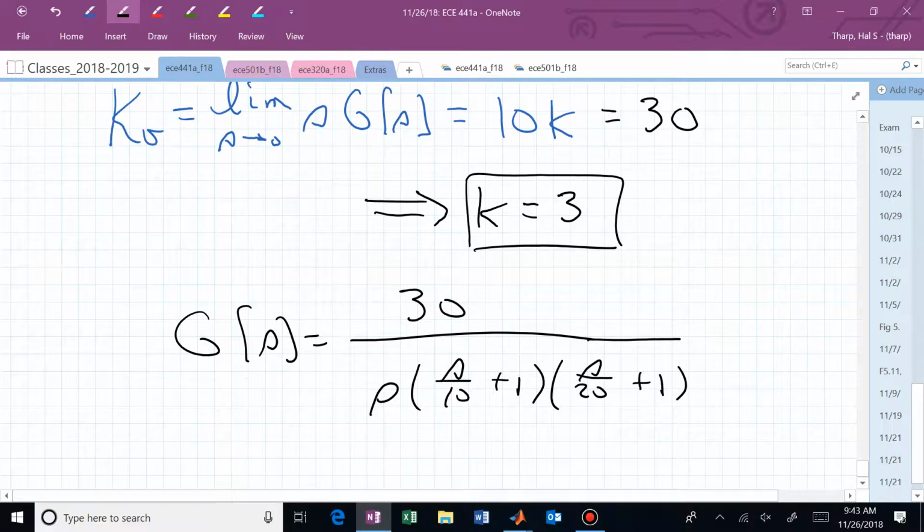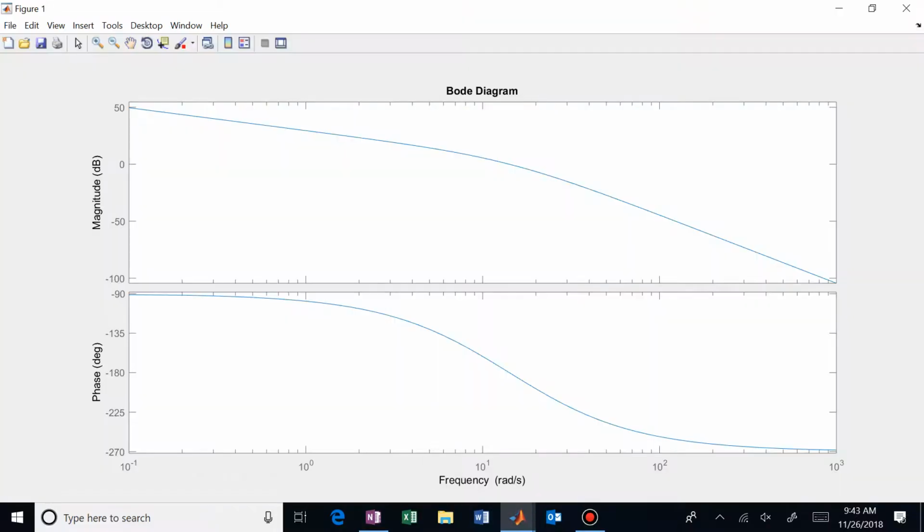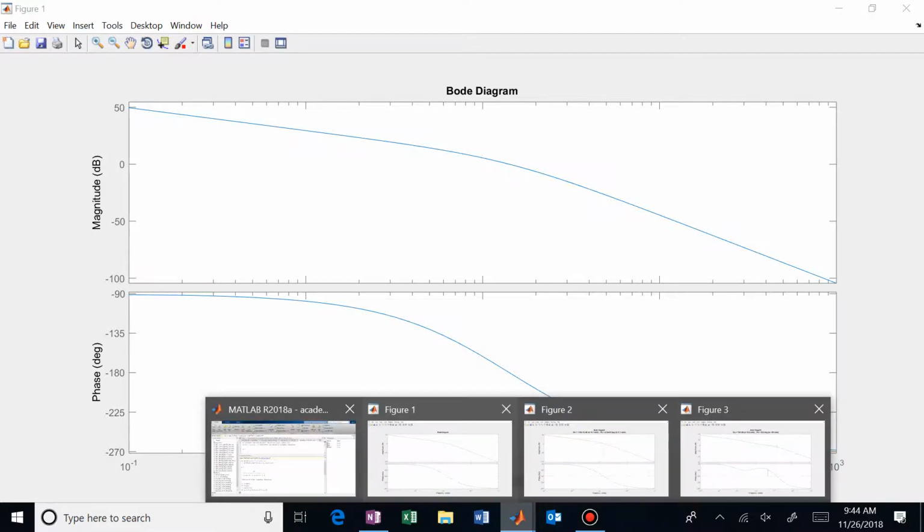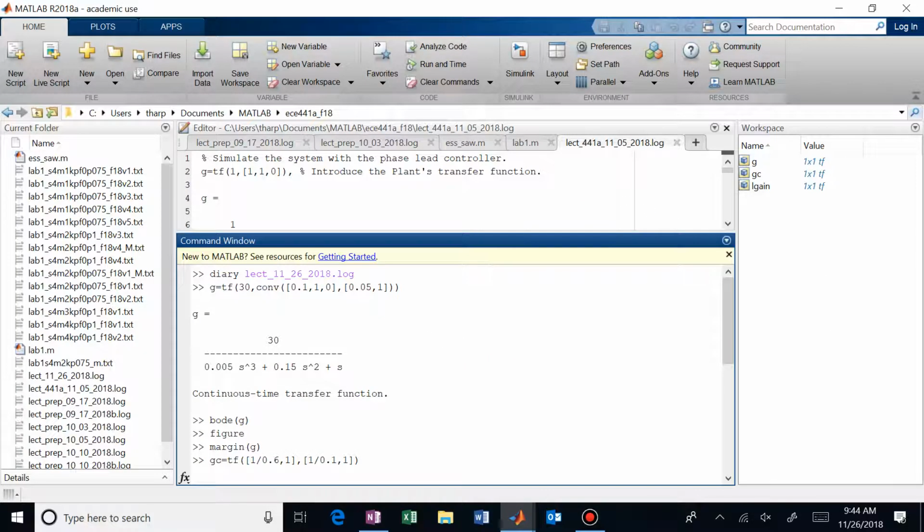So now what do we do? Well, if you're sketching this by hand, you could sketch the Bode plot, but you could plug it into MATLAB. Not sure you're going to be able to see that MATLAB command window screen.